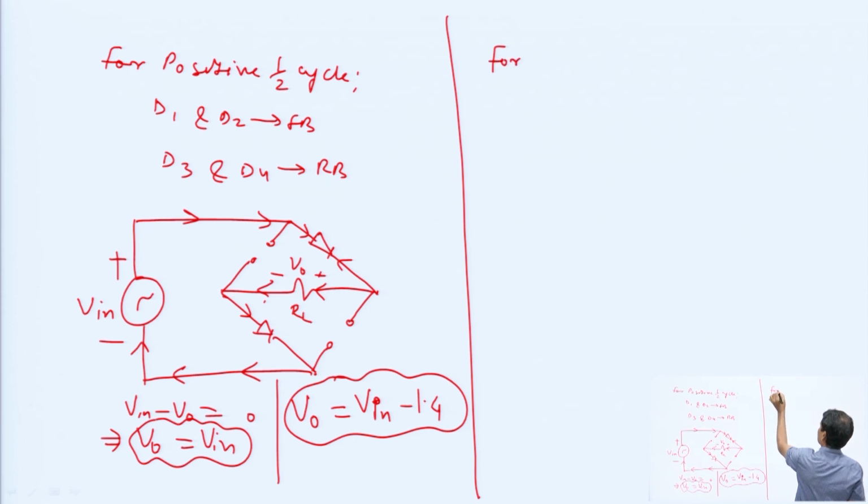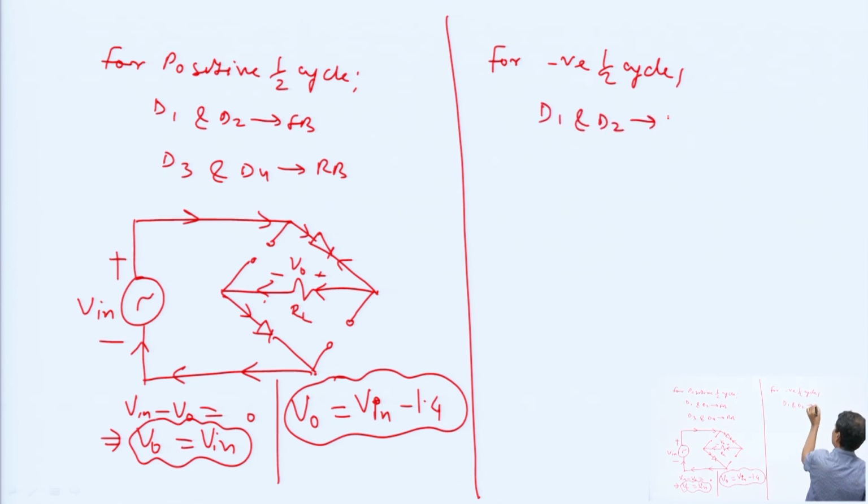Similarly, for the negative half cycle D1 and D2 are in reverse bias, D3 and D4 are in forward bias, and the circuit will be like this.